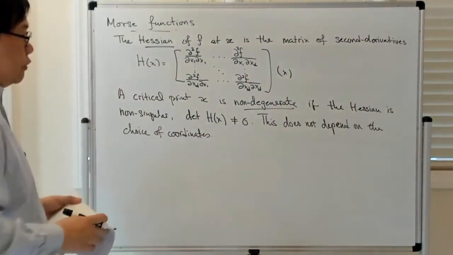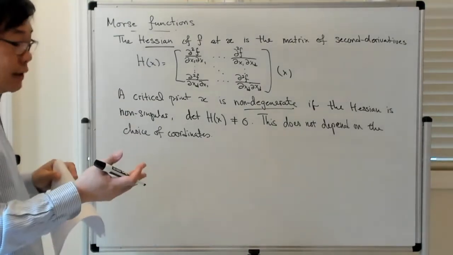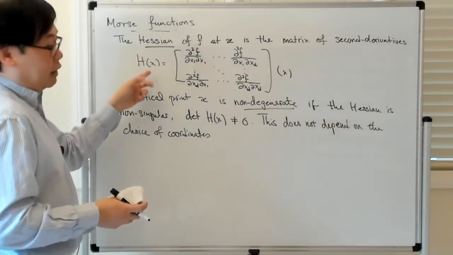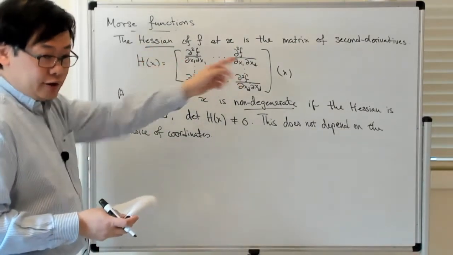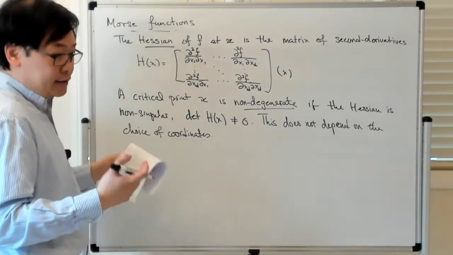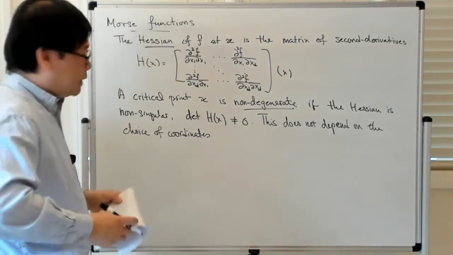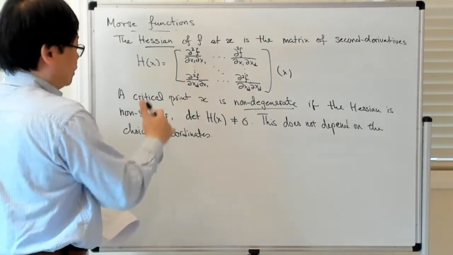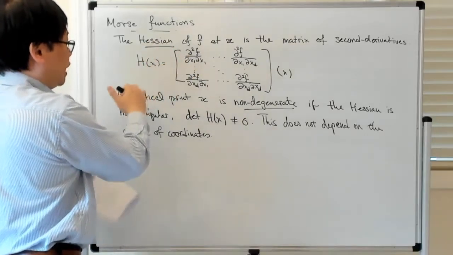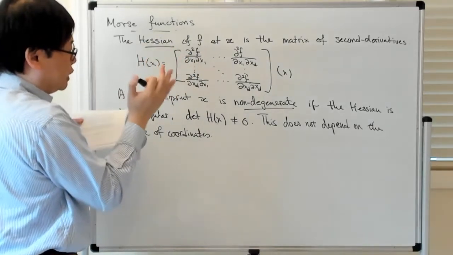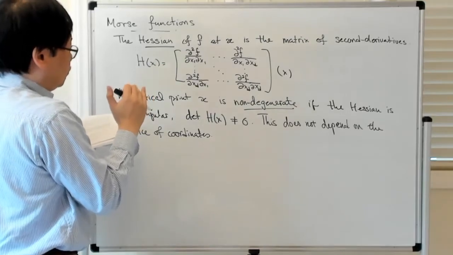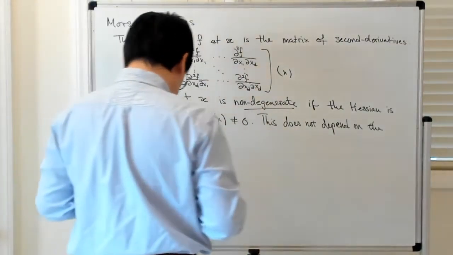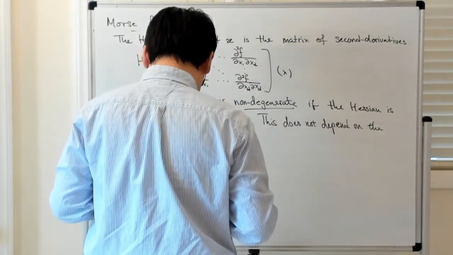More or less, this has to do with the fact that the Jacobian associated with the change of coordinate charts, which will show up if you want to relate the Hessian evaluated in one coordinate representation to the Hessian in another, is going to have non-zero determinant. So the bottom line is that whether the determinant of the Hessian is zero or non-zero is independent of the choice of coordinates.